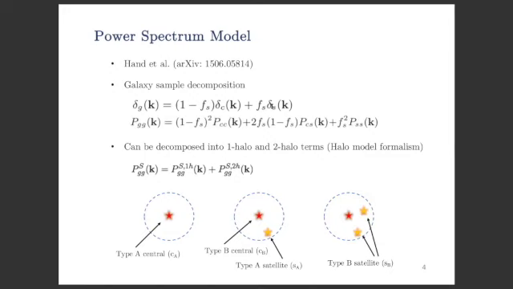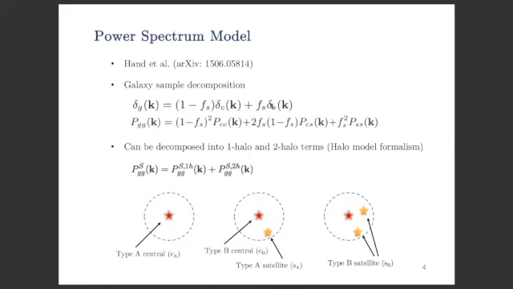So we see the combination of the auto and the cross power spectrum. Here we wish to separate the one-halo and the two-halo terms. The one-halo term means the correlations of galaxies in the same halo, and the two-halo term comes from galaxies in different halos.